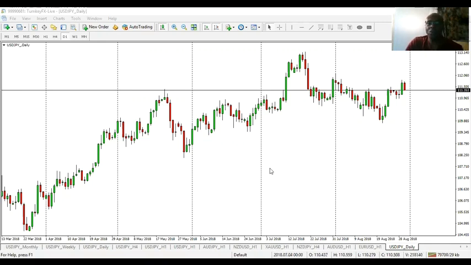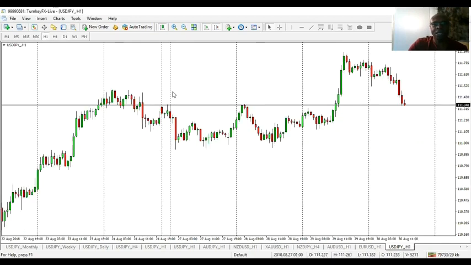And then we're also going to look at the hourly chart and add the support and resistance on the hourly chart. Because if you notice on the daily chart, each period separator is actually an entire month. And on the hourly chart, each separator is actually a day.